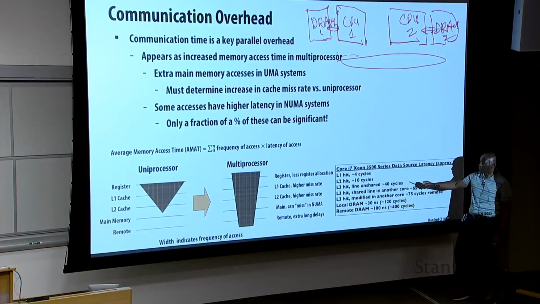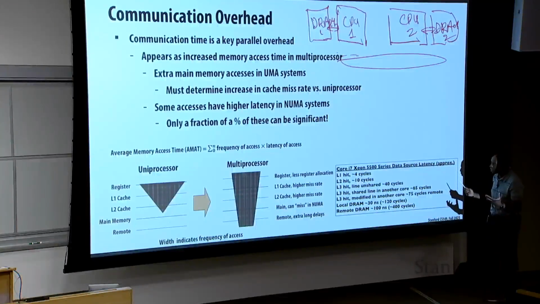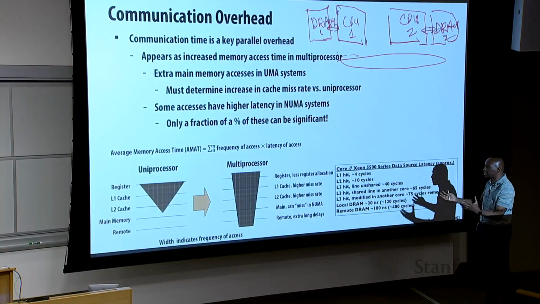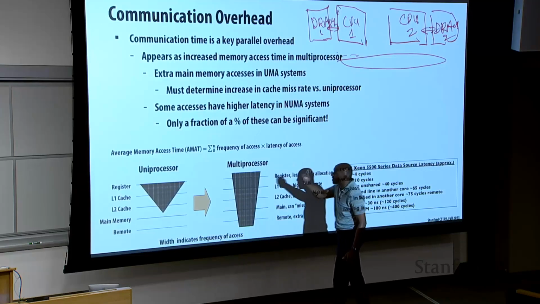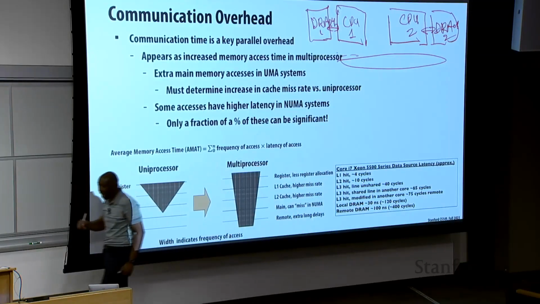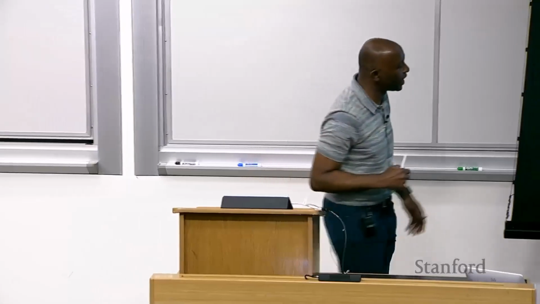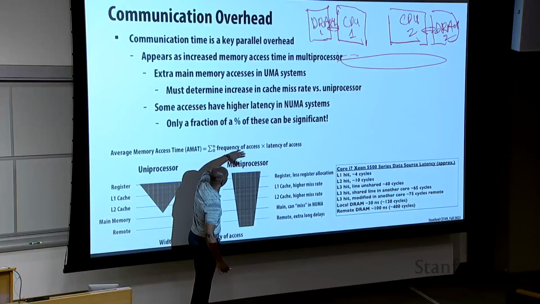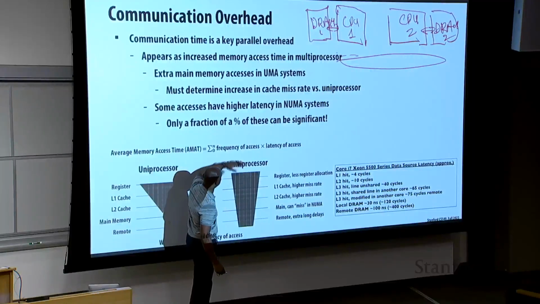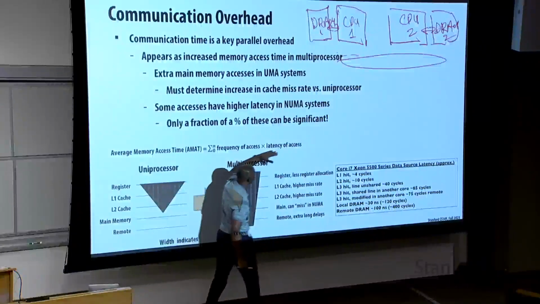Essentially, because you have communication, and a cache coherency protocol managing this communication, communication means extra latency, extra time, and it also changes the distribution of misses. And if you think about the average memory access time of your program, it's going to be the frequency of access of a particular part of the memory hierarchy times the latency of access.